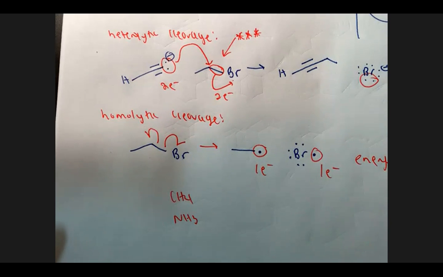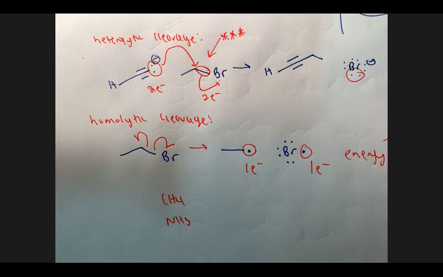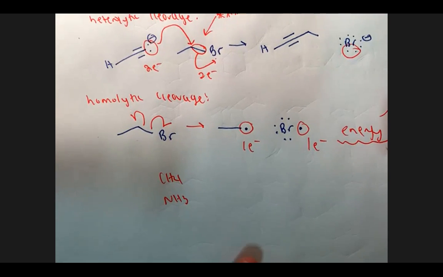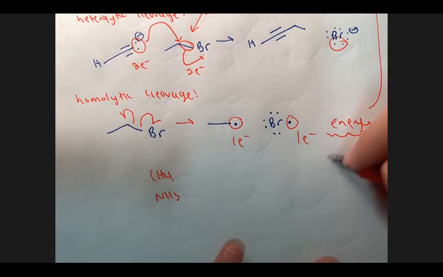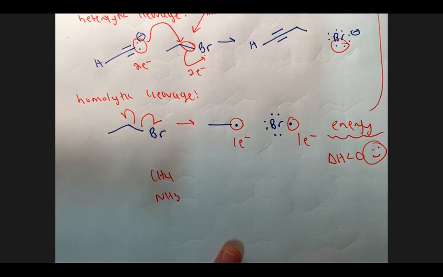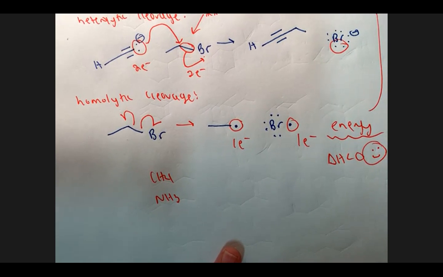Moving on. So now we're going to rank these in terms of bond dissociation enthalpy. So that should give you some insights. Let's go back a little bit to Gen Chem. Energy is good if it's negative. Remember, if delta H is less than 0, that's a good thing, that's favorable.